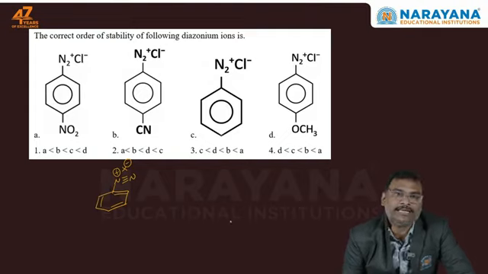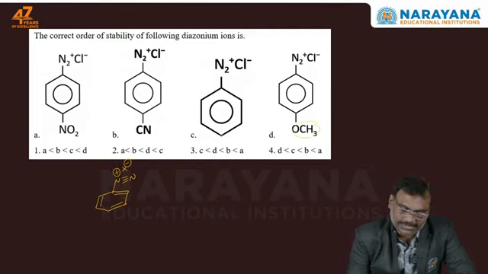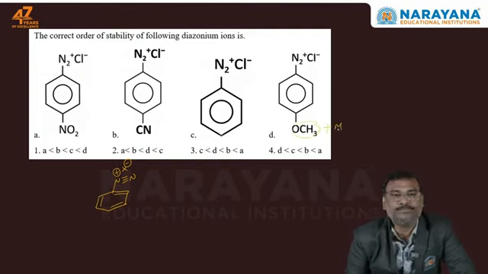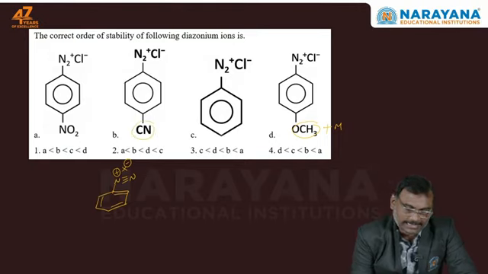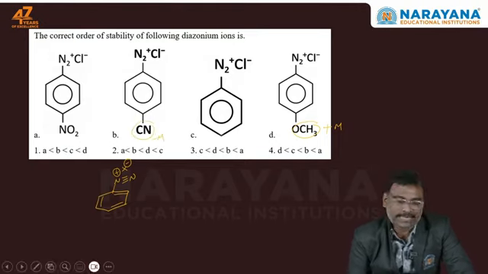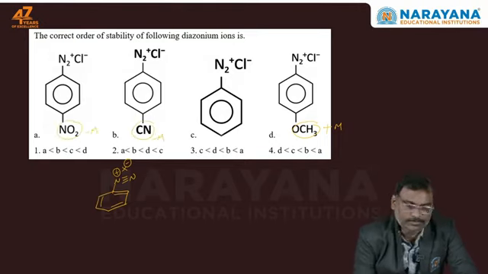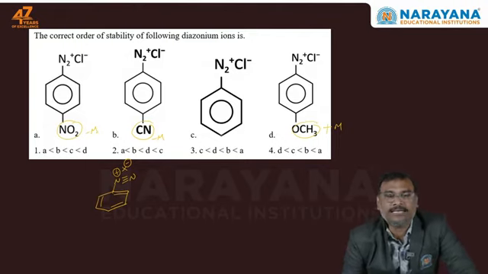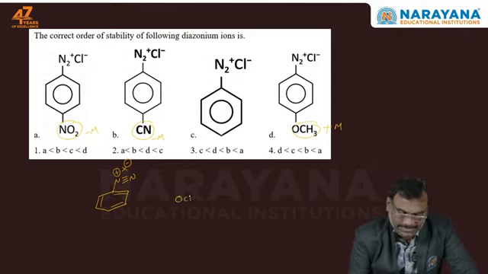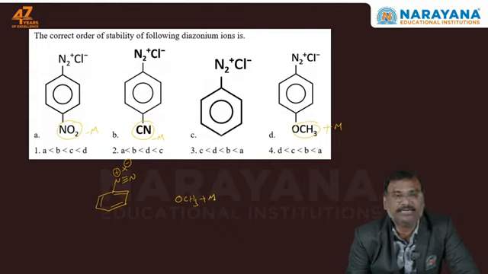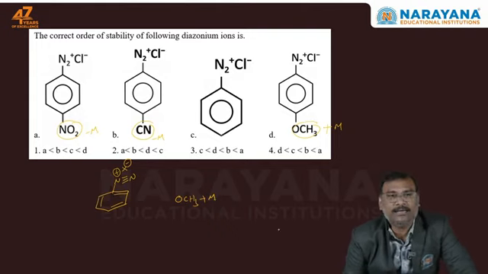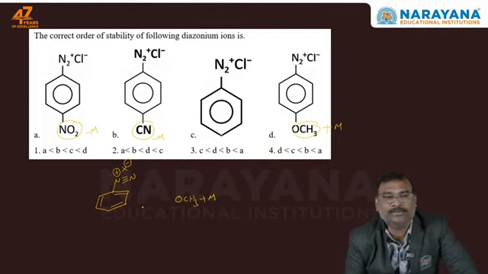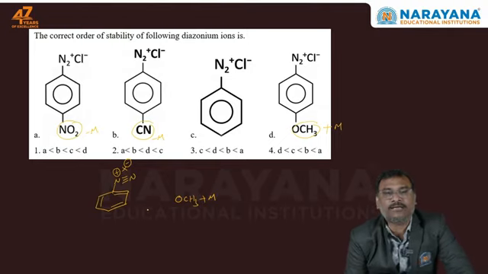So according to the given options, OCH3 is a plus M group, CN is a minus M group and NO2 is also a minus M group. So diazonium salt stability depends upon electron donating groups. Therefore, OCH3, the plus M group, increases the stability of the diazonium salt, and cyanide and nitro groups decrease the stability of the diazonium ion.